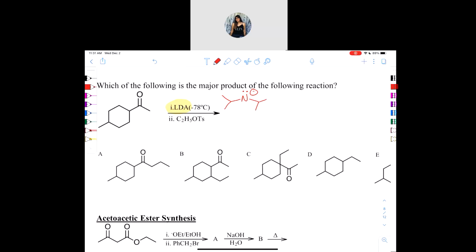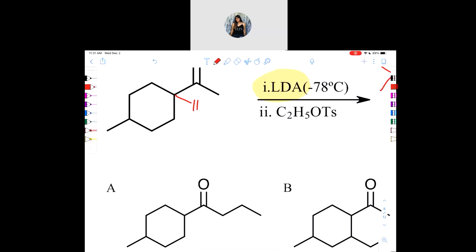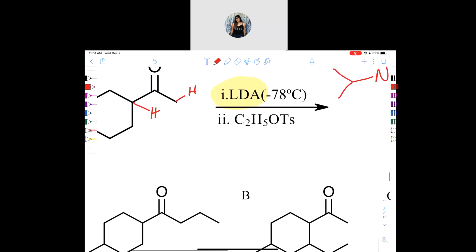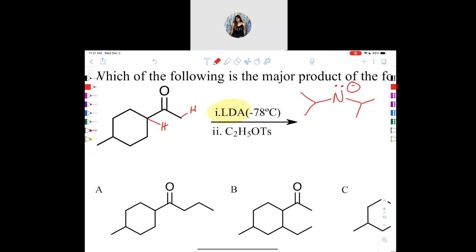So essentially, we always talk about how we have 2 alpha positions, and I'm only drawing 1 hydrogen for the second position, but you guys know there's 3. So alpha 1 and alpha 2. And usually, we prefer which position? Alpha 1, yes, because we know that it's more substituted. It's going to make a more favorable double bond. So for that reason, it's more preferable to steal this hydrogen and then do whatever we want to do.